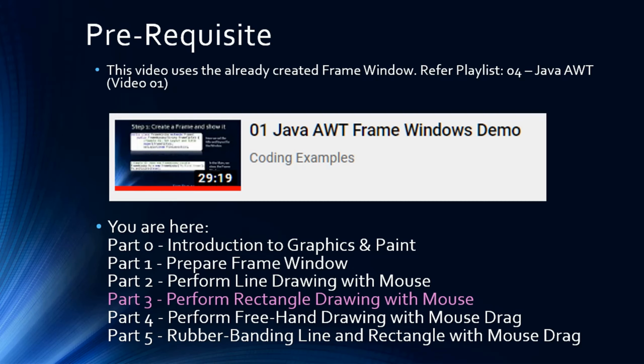In the previous parts, we created a frame window with all the controls required to draw line, rectangle and freehand drawings. In the previous part we performed line drawing using a mouse. Now we will perform rectangle drawing.